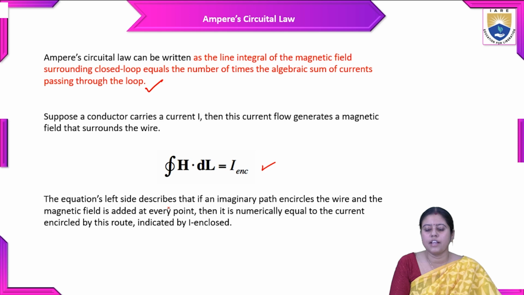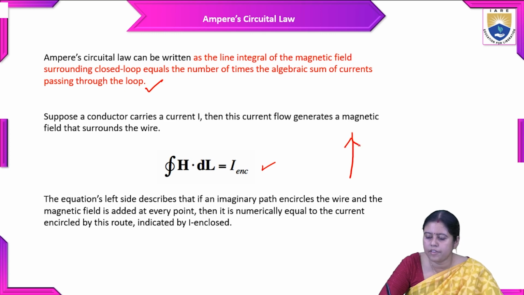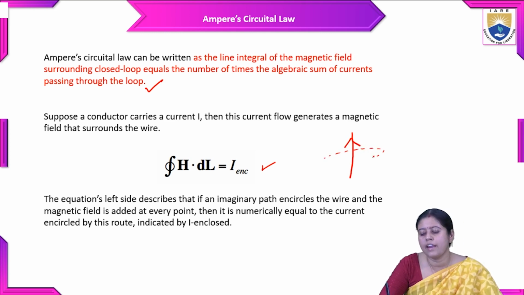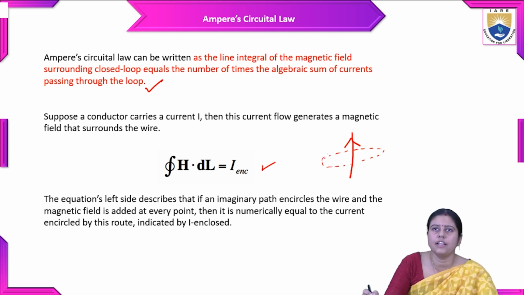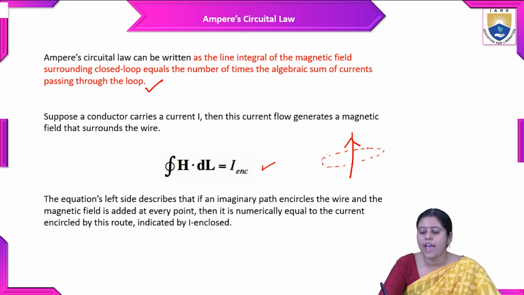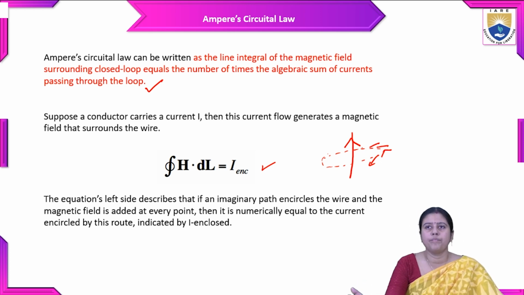The left-hand side of the equation describes an imaginary path that encircles the conductor. If there is a current-carrying conductor, there is an imaginary field, and at each and every point there is an H whose direction is radially outward.